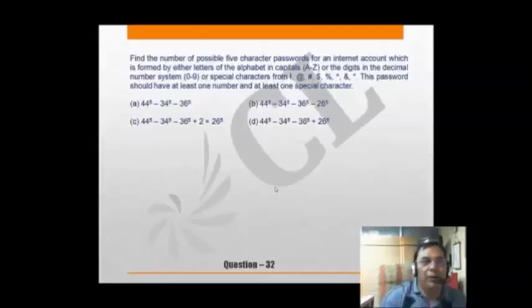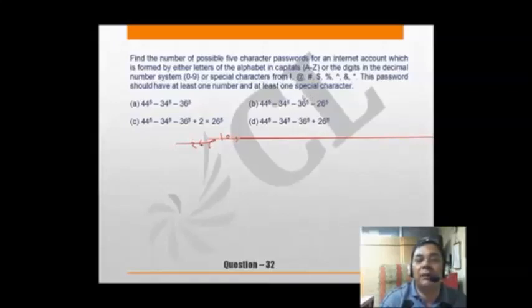Okay, now we know the alphabets are 26, digits are 10, and special characters are 8. So that means total there are 44. By the question choices, 44 to the power 5 will be the total size. After that we'll reduce.